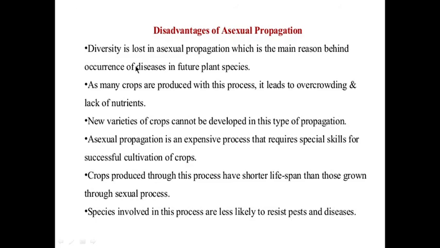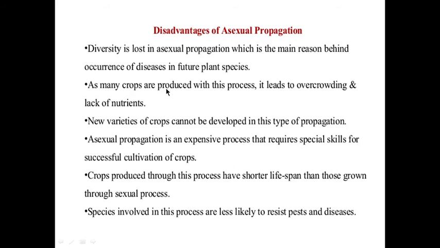Disadvantages: diversity is lost in asexual propagation, which is the main reason behind the occurrence of disease in future plant species. There is no diversity, the same species with the same genetic makeup is regenerated, so the diseases present in the mother plant will come in the daughter plant also, and the future plants also suffer from the same diseases.